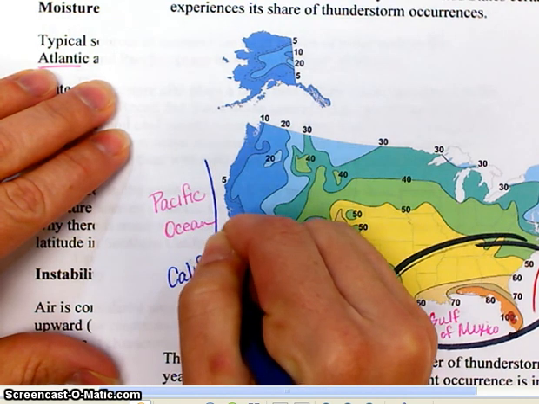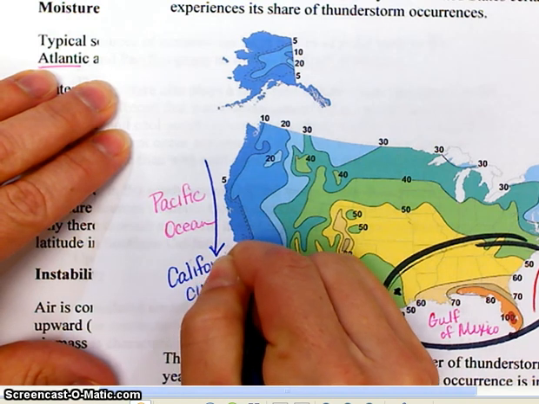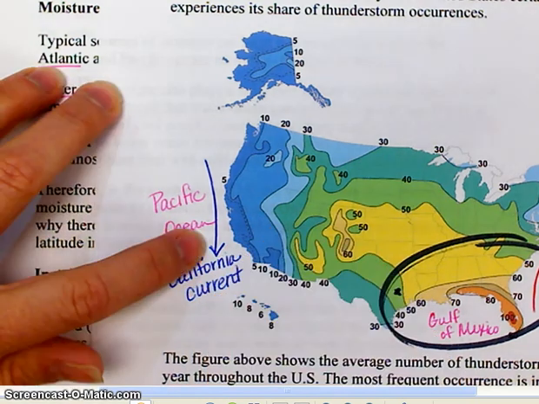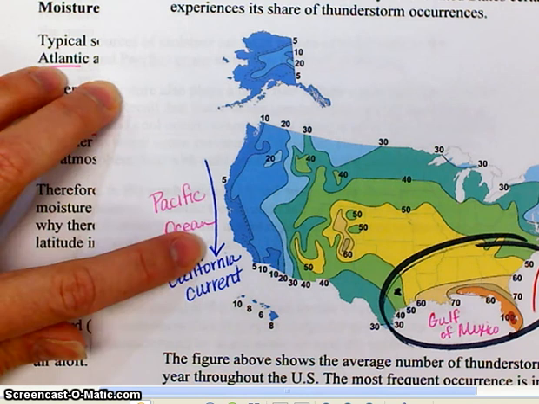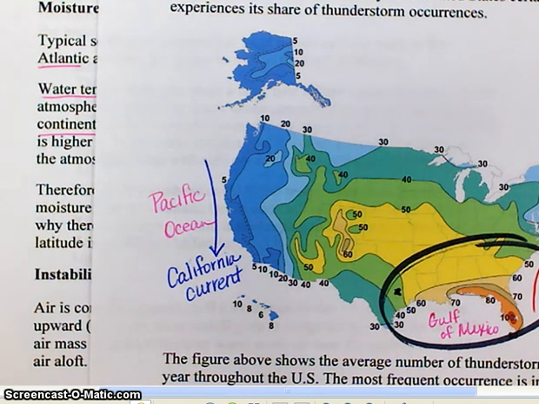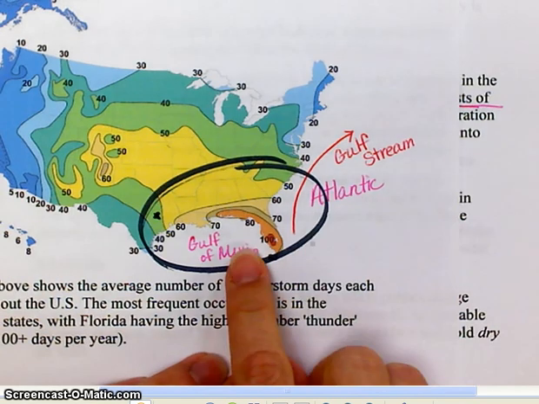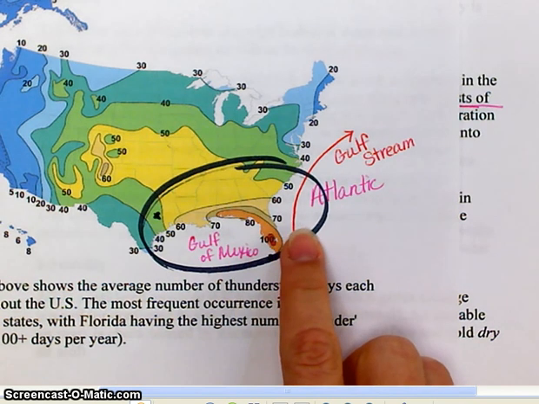And that is why we don't have as many thunderstorms on the west coast because that is a cool current, cooler water, less moisture is evaporating into the atmosphere above, and we're going to have fewer thunderstorms. On the other hand, we have warm ocean water over here, which is going to help with thunderstorm formation.